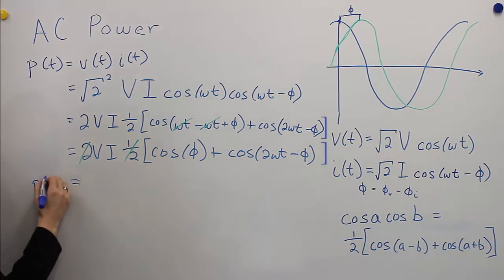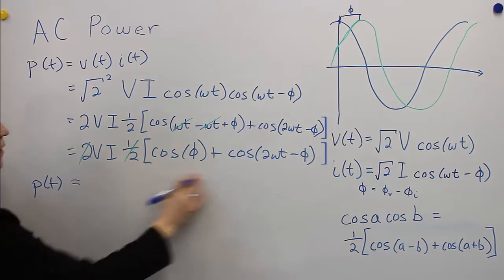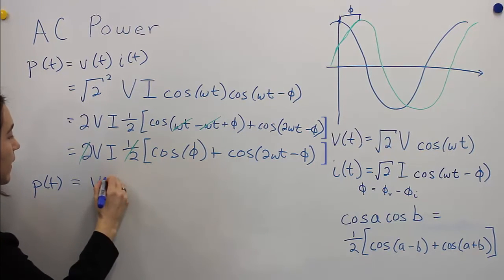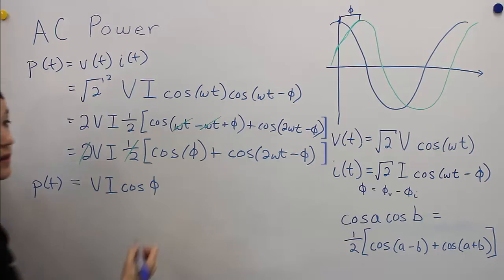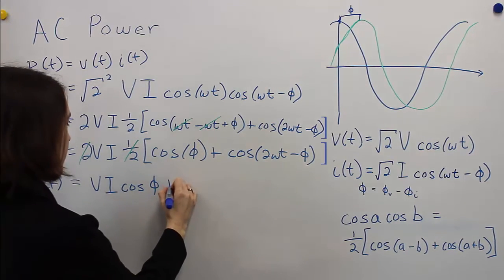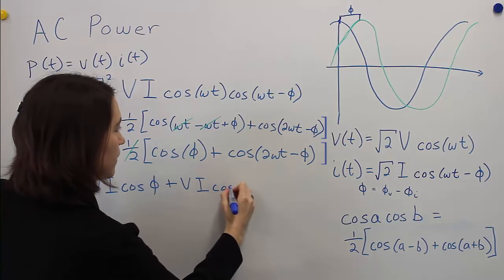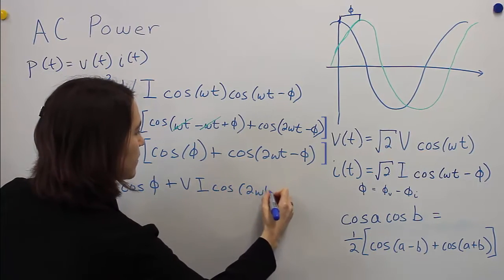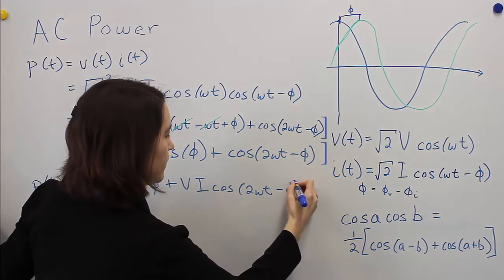So the instantaneous power is equal to, and we're going to distribute this out, VI cosine of the phase difference, plus VI cosine of 2 omega t, so 2 times our frequency before, with some phase shift.